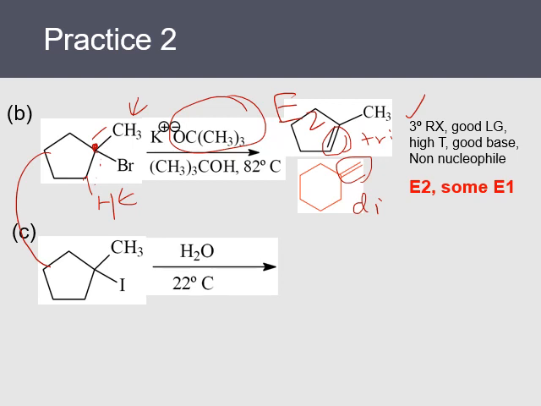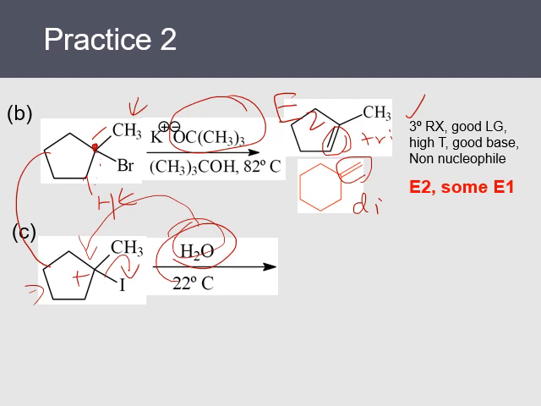Okay, next one. Water is a very weak base, very weak nucleophile, and it's a tertiary substrate. A weak nucleophile and weak base cannot participate in E2 elimination or SN2, and therefore it must be SN1/E1. So this leaves, forms a carbocation, and then the water will attack here. That's SN1.